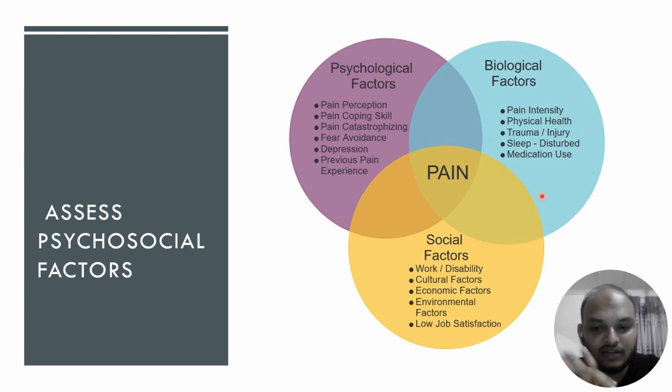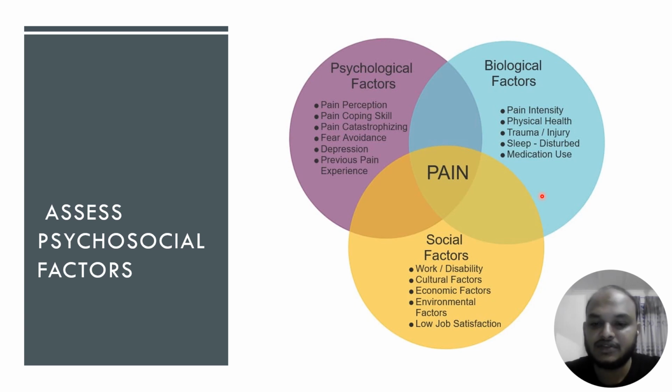Everything comes together. So the assessment should take care of biological factors, which you are already assessing through your routine assessment, and psychosocial factors, you can look for red flags, yellow flags, black flags, orange flags, so all those things.